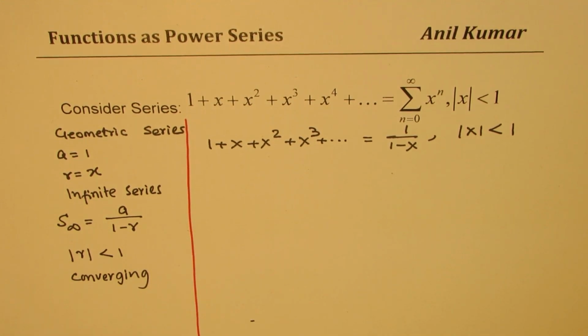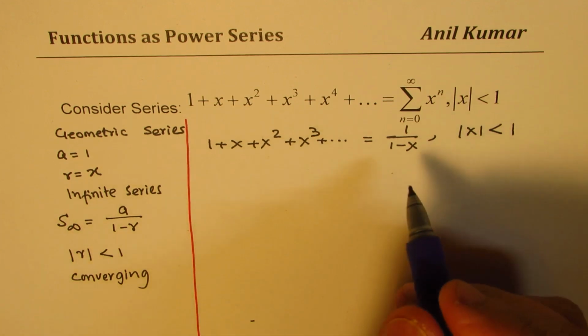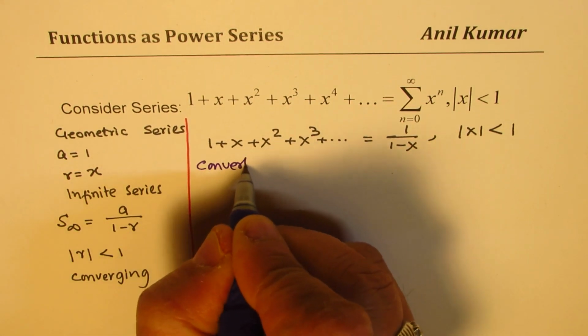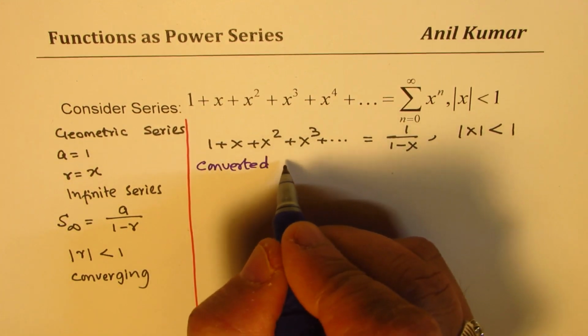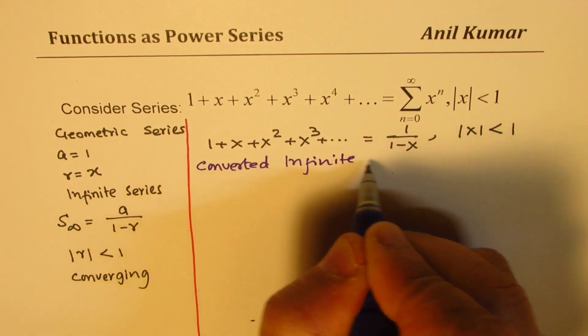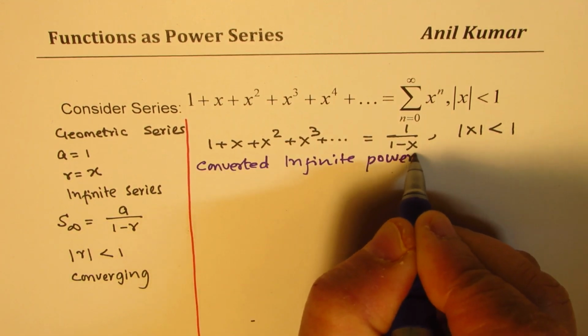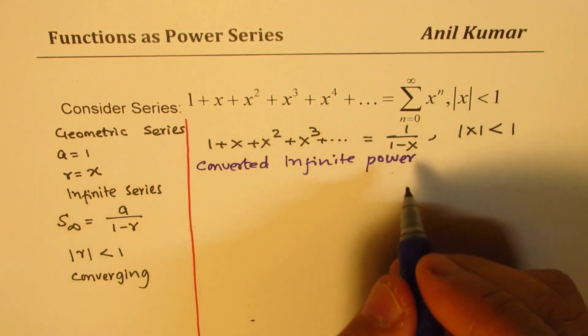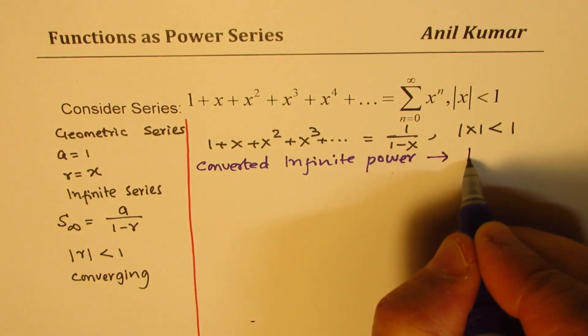So what have I done here? At this stage, the most important thing which you learn here is that I have converted an infinite power series, so these are all polynomials, correct, into a function.